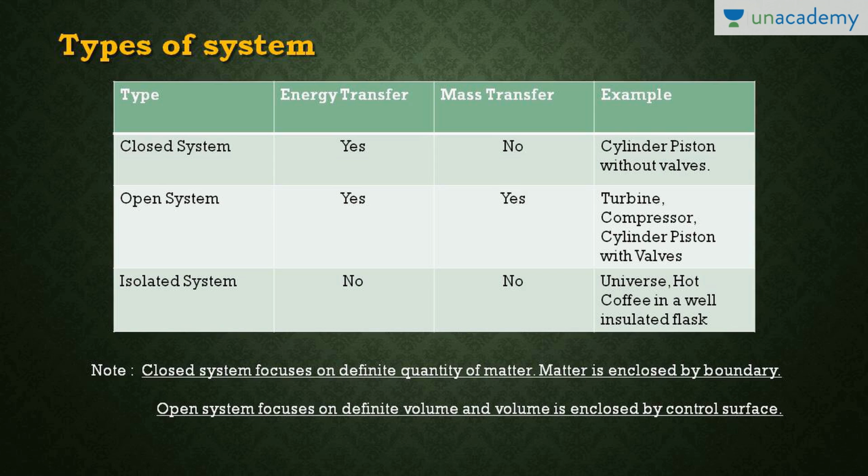In open system, there is energy transfer as well as mass transfer, right? So it focuses on a definite volume enclosed by a control surface. In closed system, there is definite matter or mass.